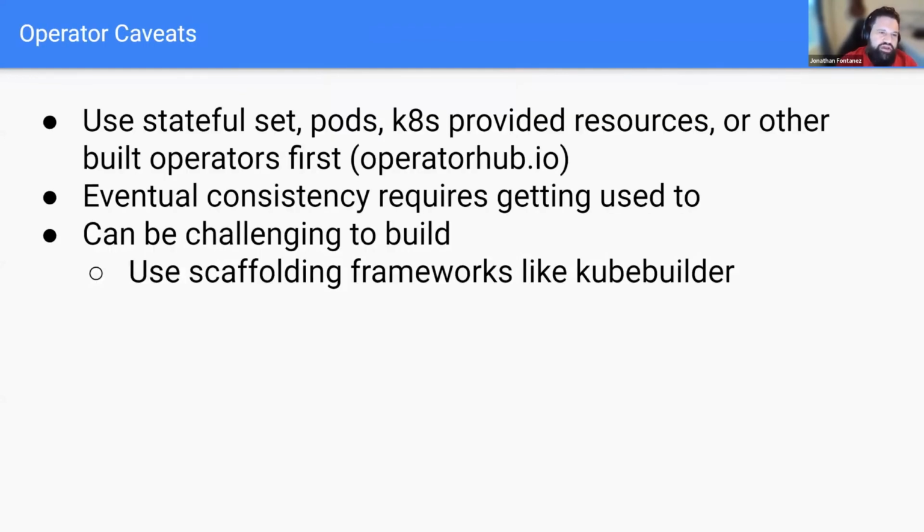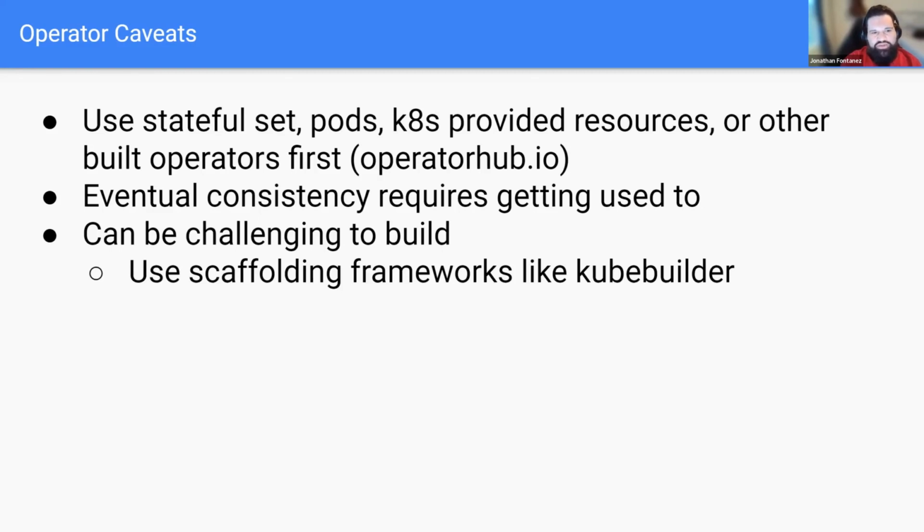Now, this all sounds magical, but it does come with a couple caveats. So operators should never be a first choice. Operators are extremely powerful, and with anything extremely powerful, that generally is going to mean that it can be complex.